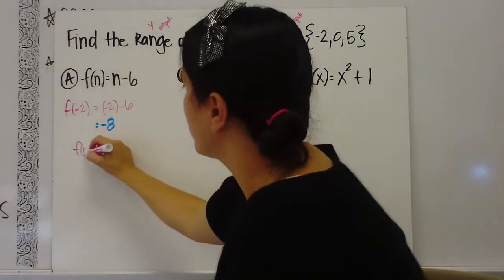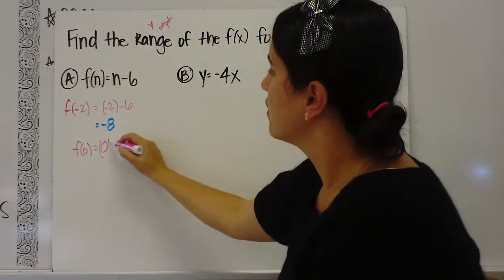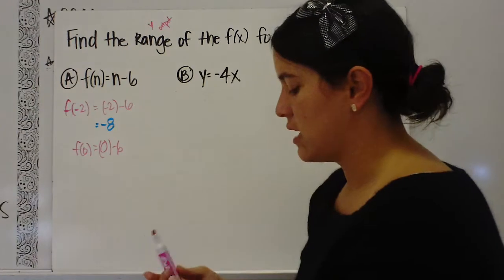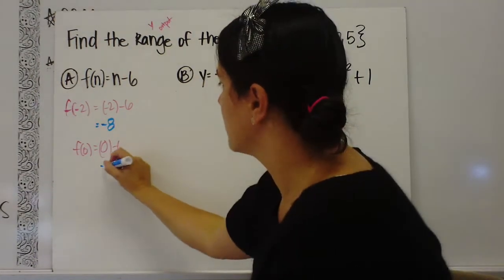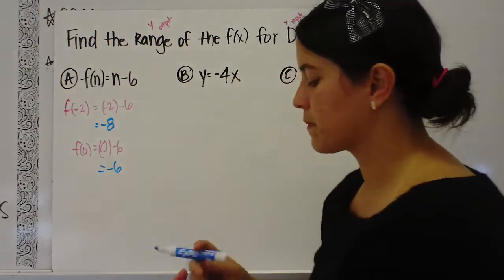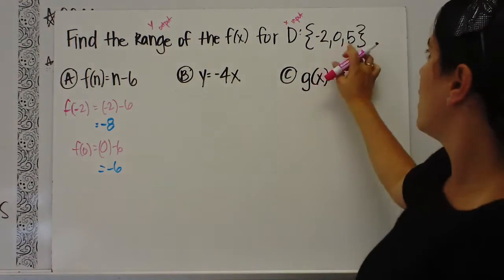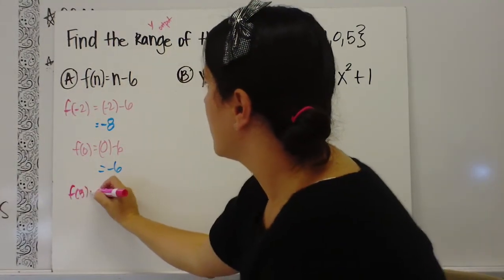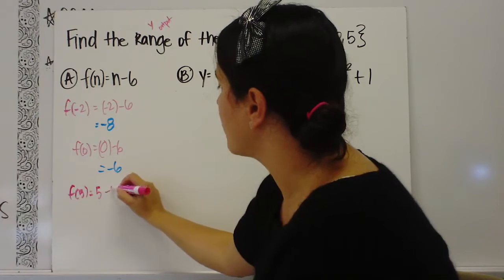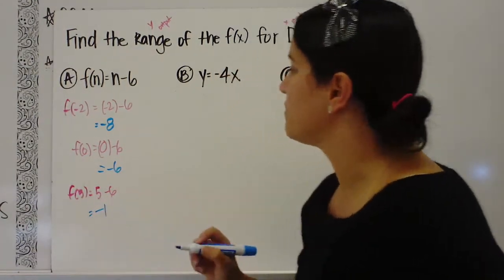So f of 0. 0 minus 6 is going to give us a negative 6. And then we need to do it a third time with f of 5. F of 5 means 5 minus 6. And 5 minus 6 is negative 1.